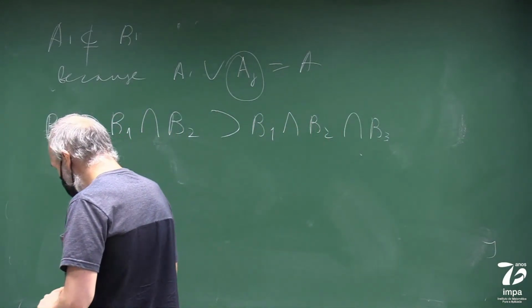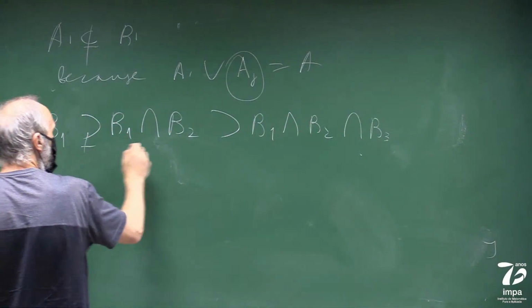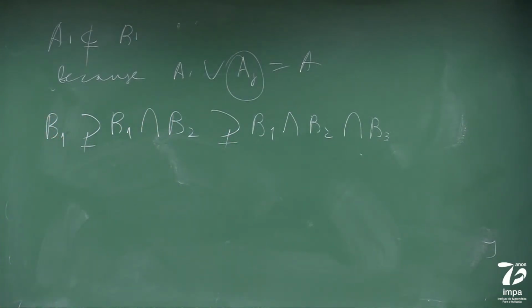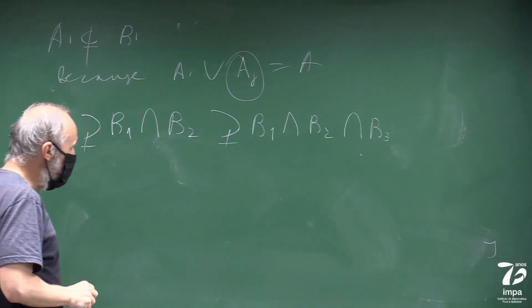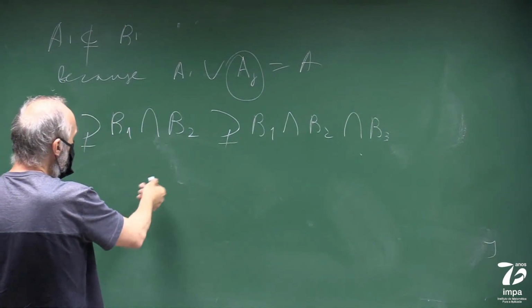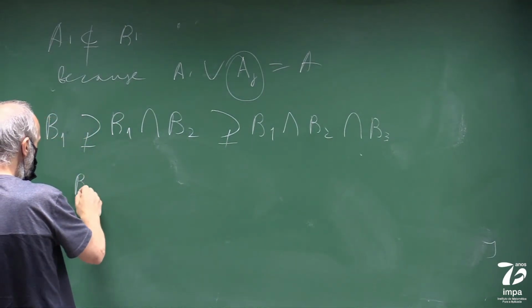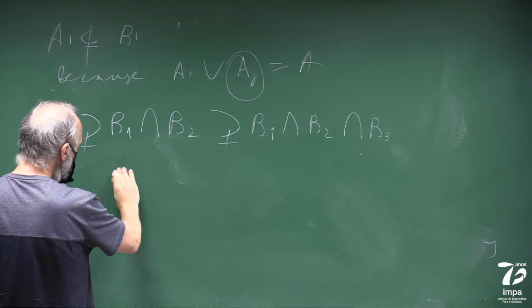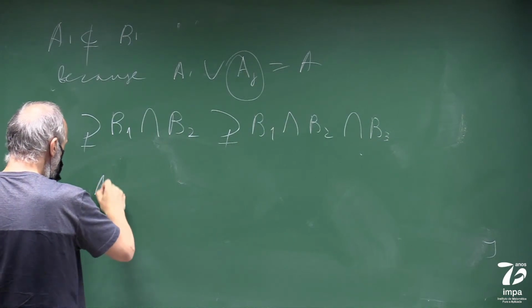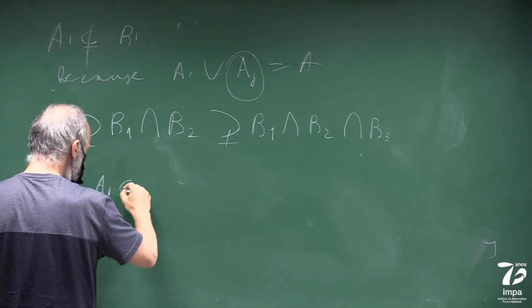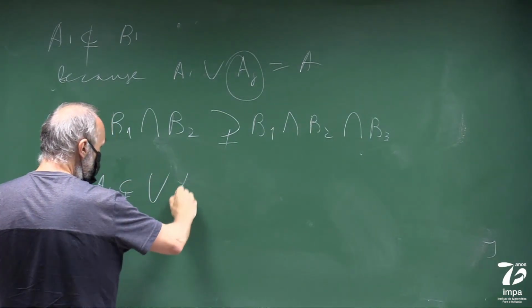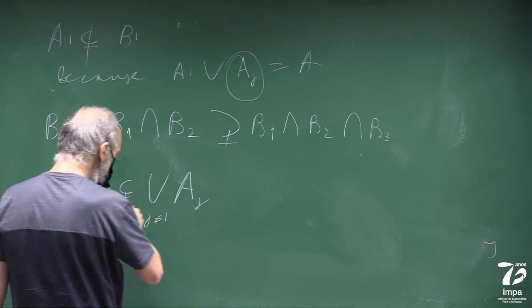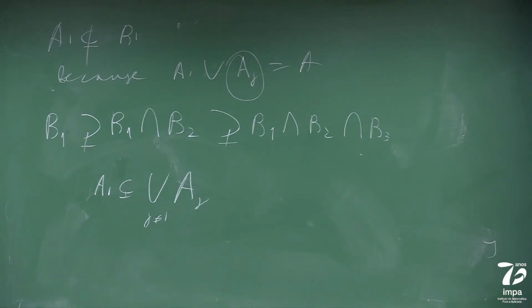It's a strict embedding because Ai doesn't belong to the union of the rest of Aj, j not equal to i. This is by definition of reducible component.